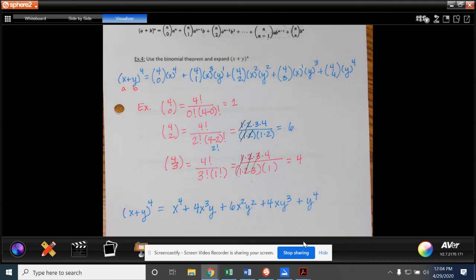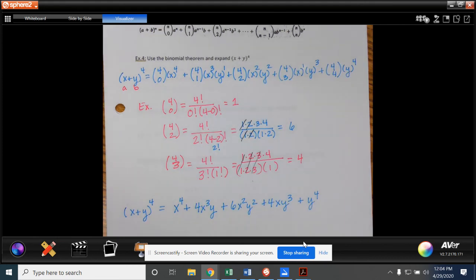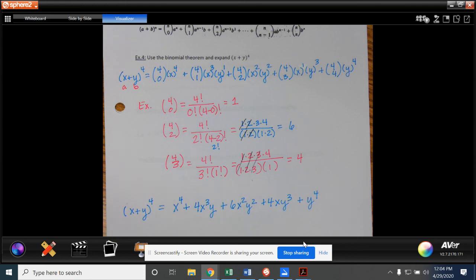Now, you may ask, oh, it's much easier to do Pascal's to the power of 4. It would be. But a power of 20, or an n value, anything large, even 15, would not always be the best to use Pascal's, because unless you have more rows memorized, it'll be much more difficult.